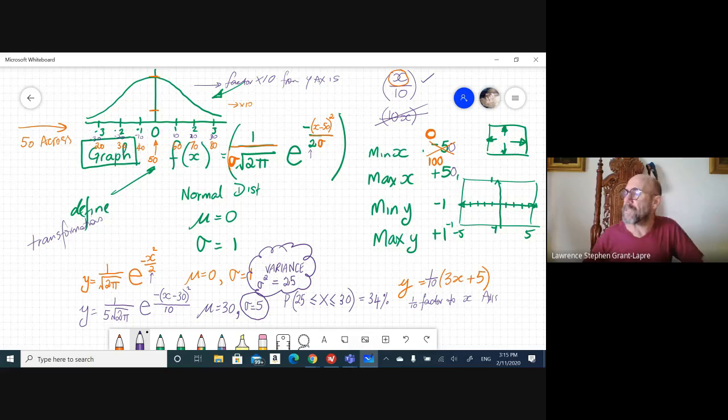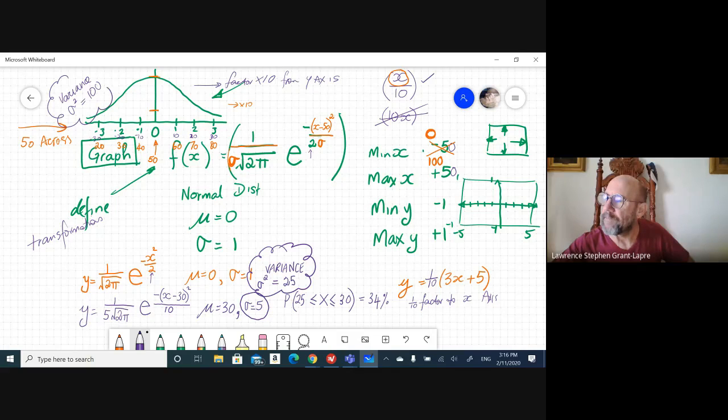So our earlier question, our variance was, for the first part of the lesson, 100. Sometimes you might see the word variance, which is simply the square of the standard deviation.